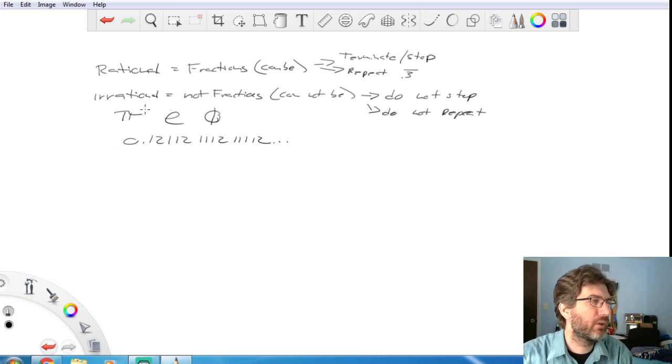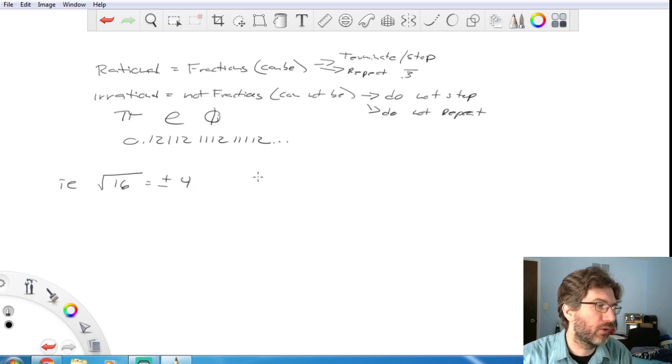And then you also have square roots that aren't perfect squares. So for our purpose, the square root of 16, because that's what I'm using this whole time, is equal to plus or minus 4. This here is a rational. I can write 4 as a fraction, and therefore it is a rational.